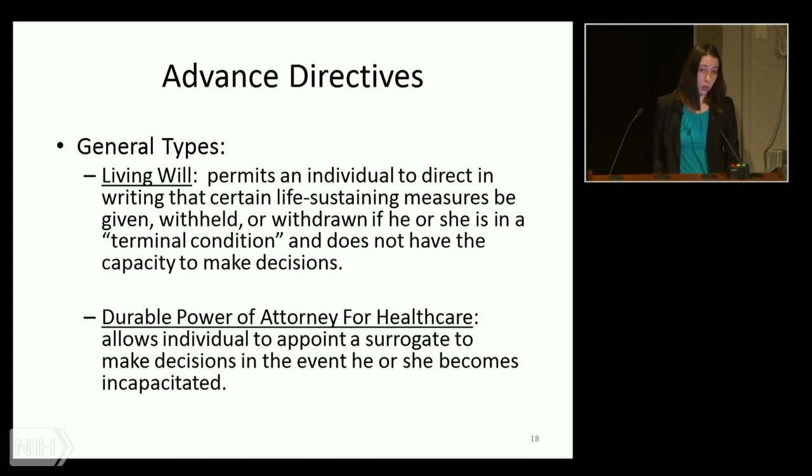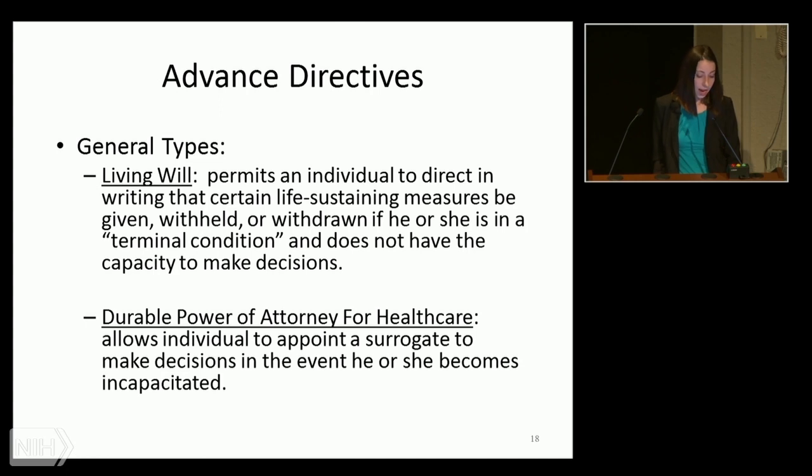As opposed to a durable power of attorney for healthcare, that is appointing a proxy decision maker. It's appointing somebody and giving them flexibility to make determinations based on a condition or situation that may occur in the future. The flexibility allows for a wide variety of factual decisions that you might not be able to anticipate, as well as changes in technology, research, and medicine that you might not be able to anticipate through a living will.